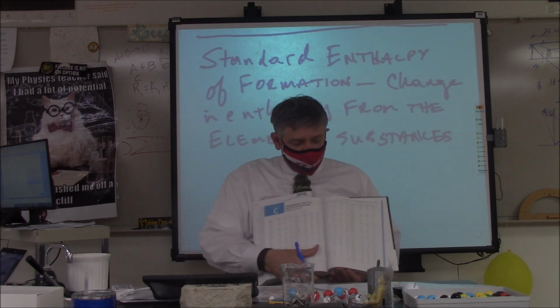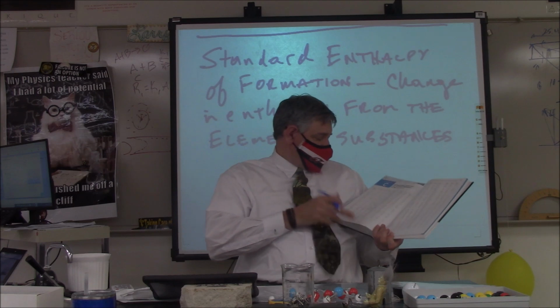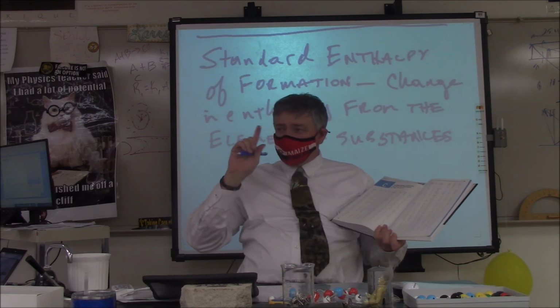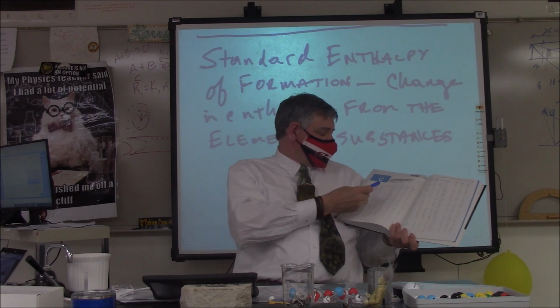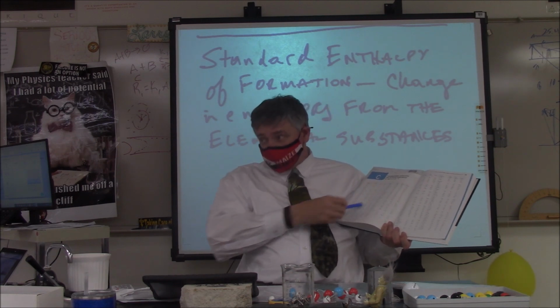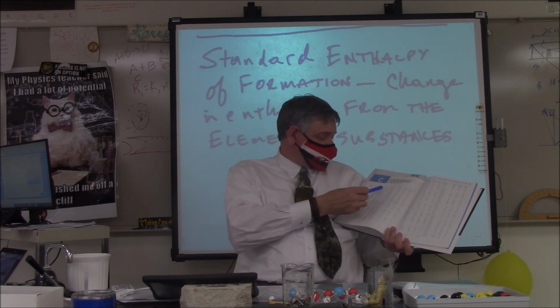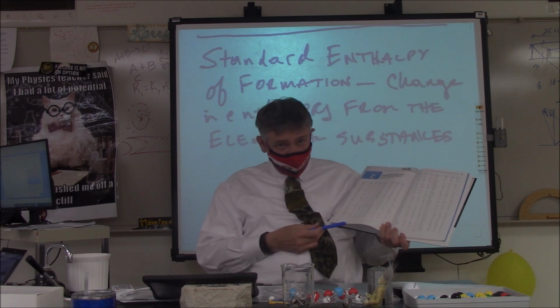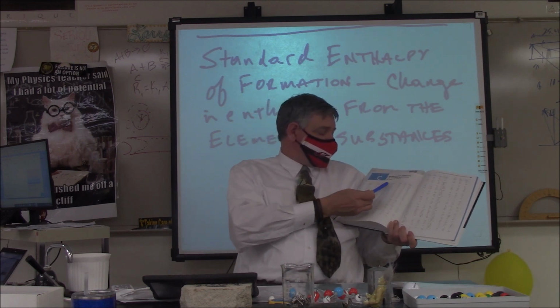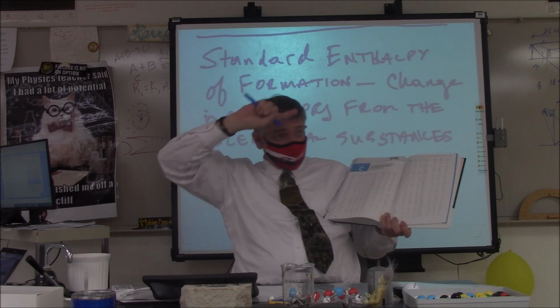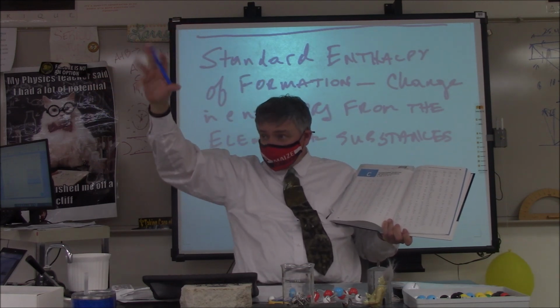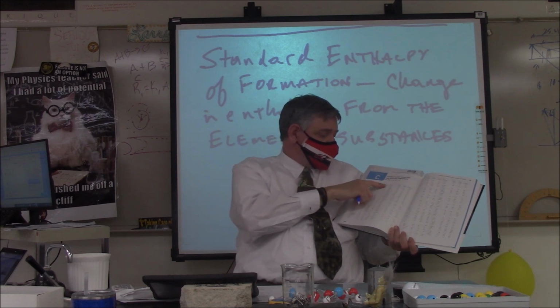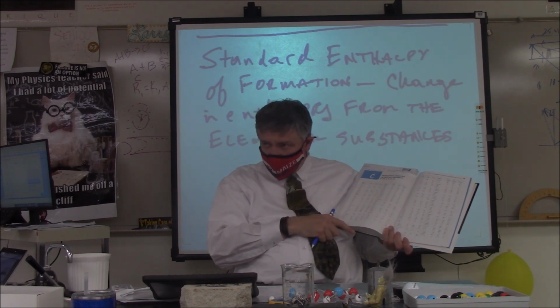Now, if you notice on this chart, first off, this is in kilojoules per mole. Your Gibbs free energy table, which we'll get into next, is also in kilojoules per mole. But this third column that has S at the top, which is your change in entropy, a measure of the disorder, is the only one measured in joules per mole Kelvin.